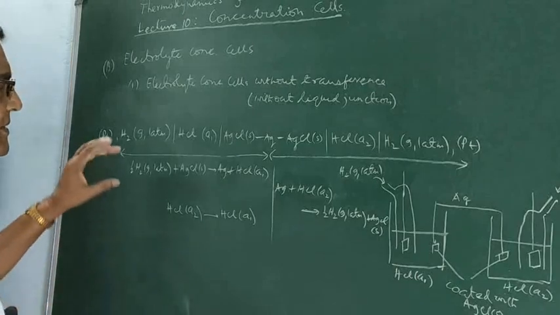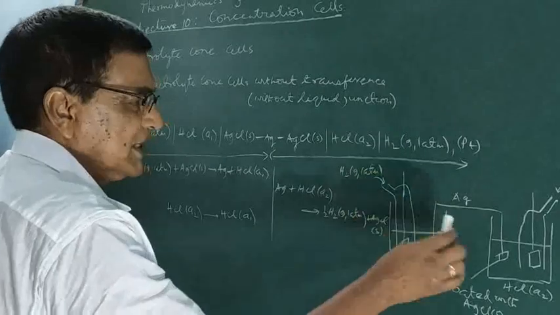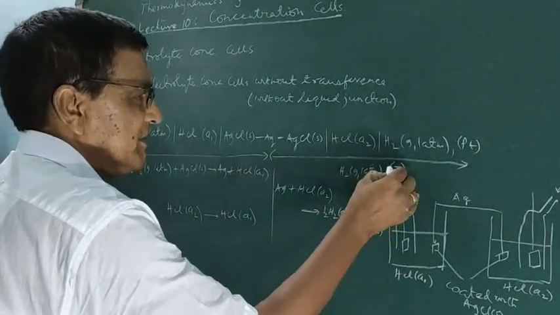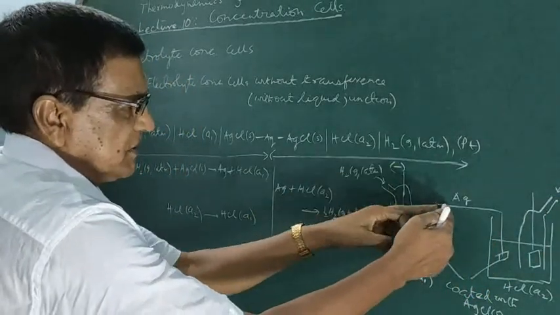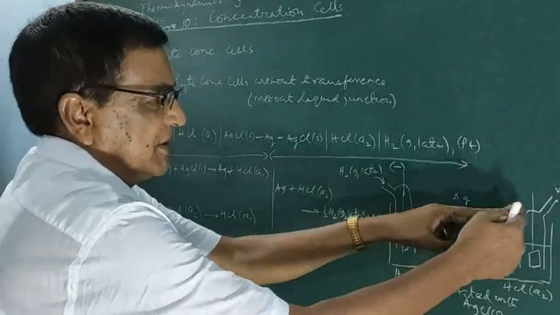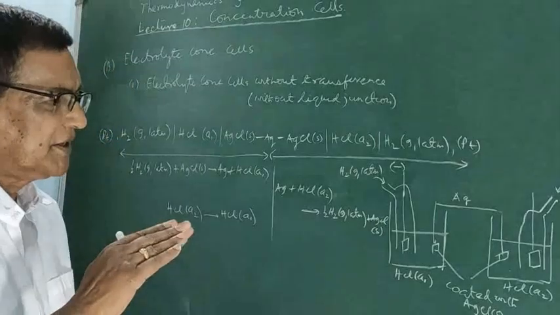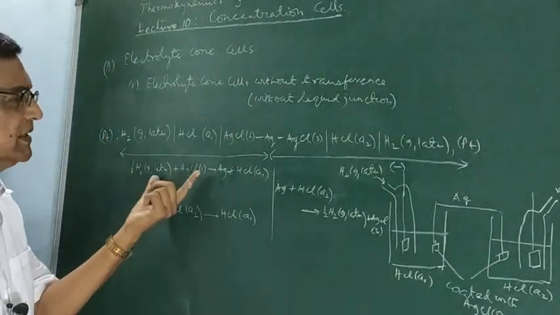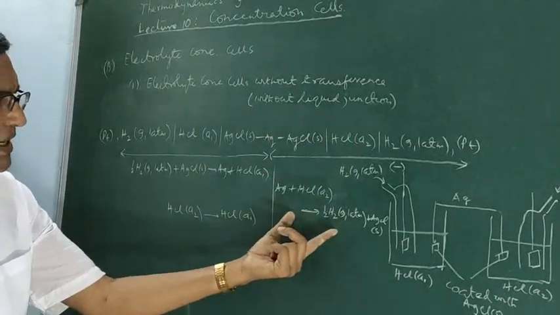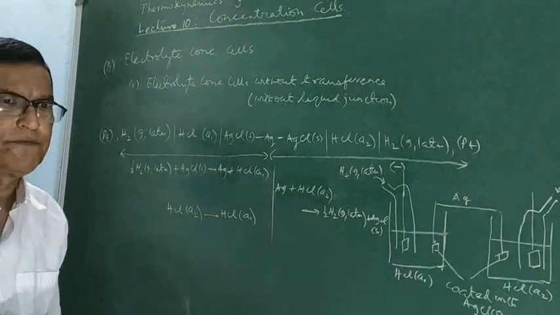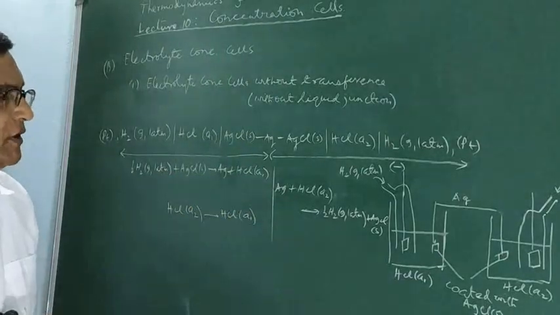In this case, it is the combination of two cells connected in series. This is the negative electrode and this is the positive electrode, and likewise for the second cell. The left hand side cell reaction and the right hand side cell reaction are added up.